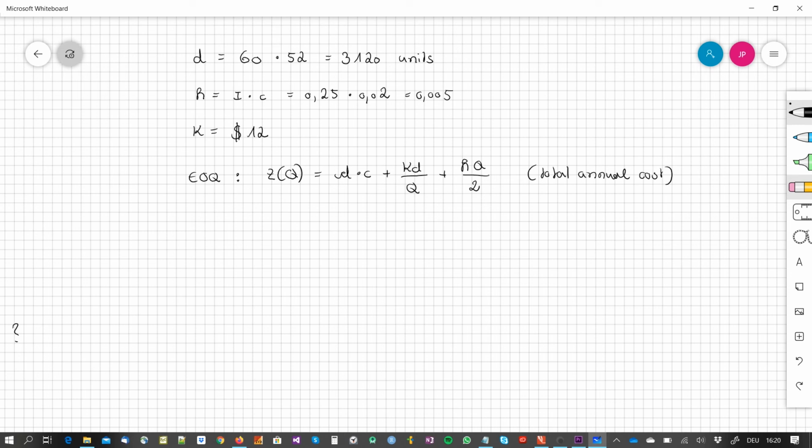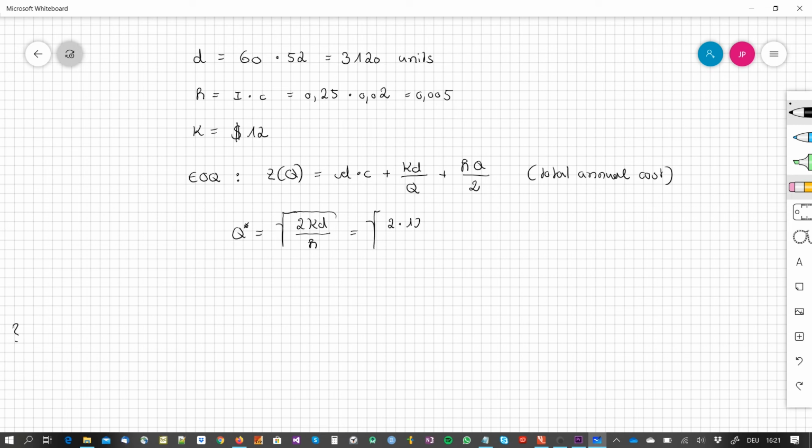for inventory holding. And now very easily we have derived the optimal order quantity, so we just take our formula and plug in our parameters.